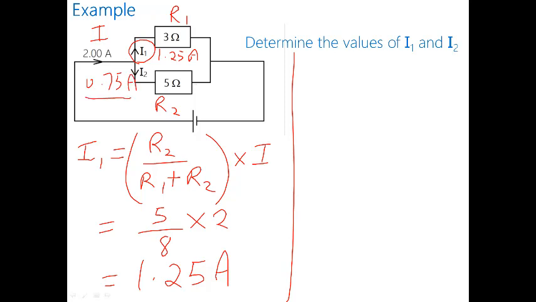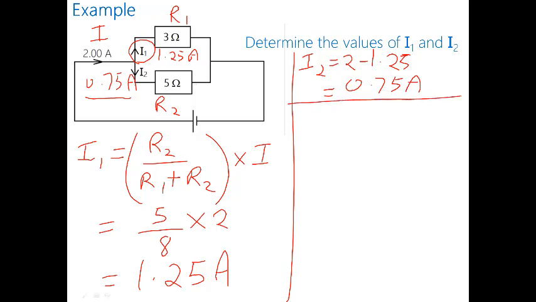You can actually use the other formula. So we have said that I2, we got it as 2 minus 1.25. And this gives us, sorry for my hand, can't write well, 0.75 amperes.